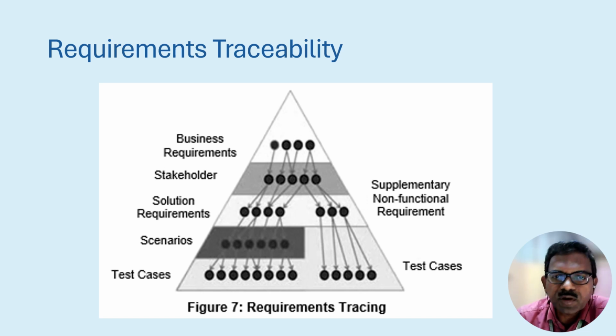This is something very important: traceability. You can see it is a pyramid. We can have a bottom-up approach or a top-down approach. In the top-down approach, we analyze the basic requirements, the business requirements, and then break them down into different sub-modules or problem statements, and then break down further.